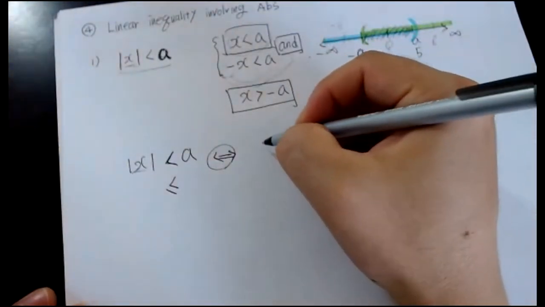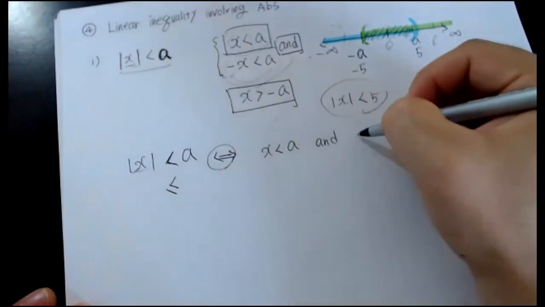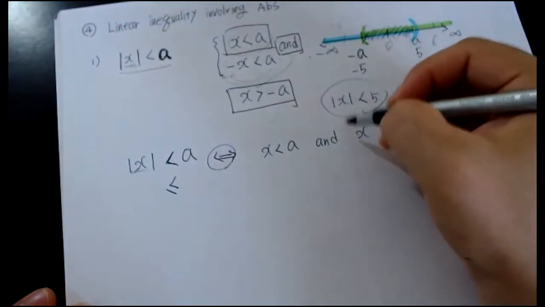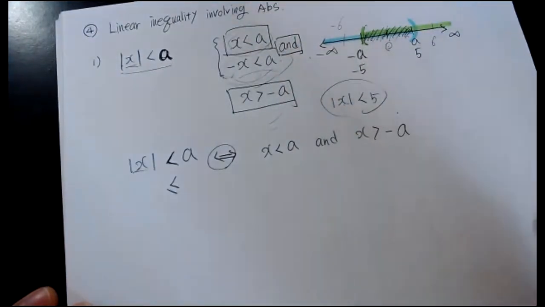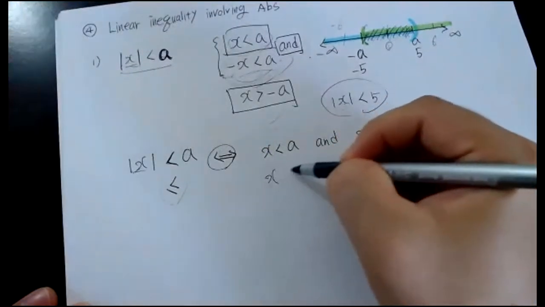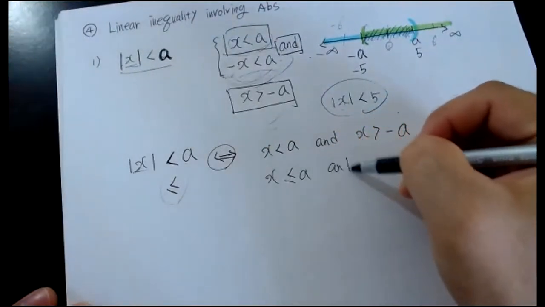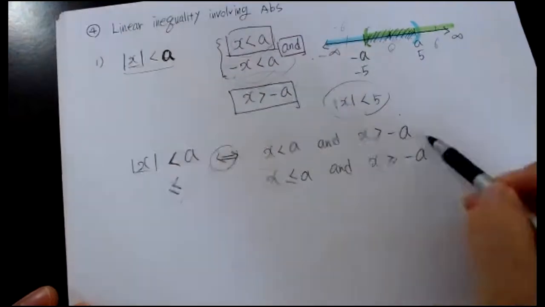Compound inequality: x is less than a, and negative x is less than a, which means that x is greater than negative a. For the less than or equals inequality, we got x is less than or equals a, and x is greater than or equals negative a. So keep in mind this.